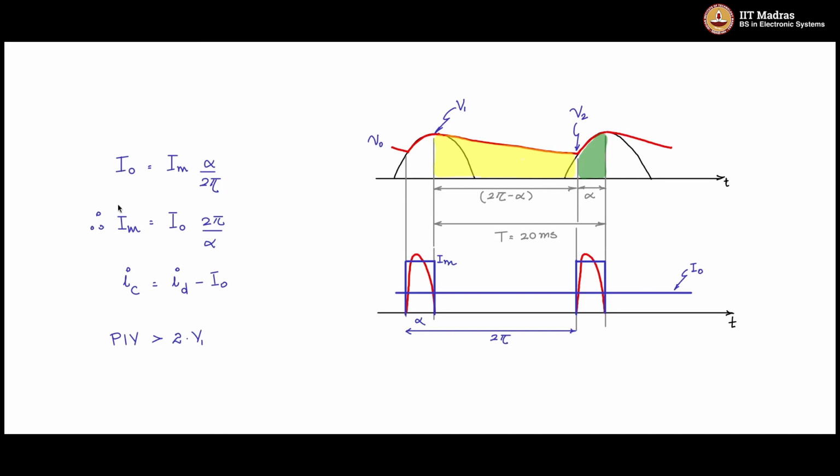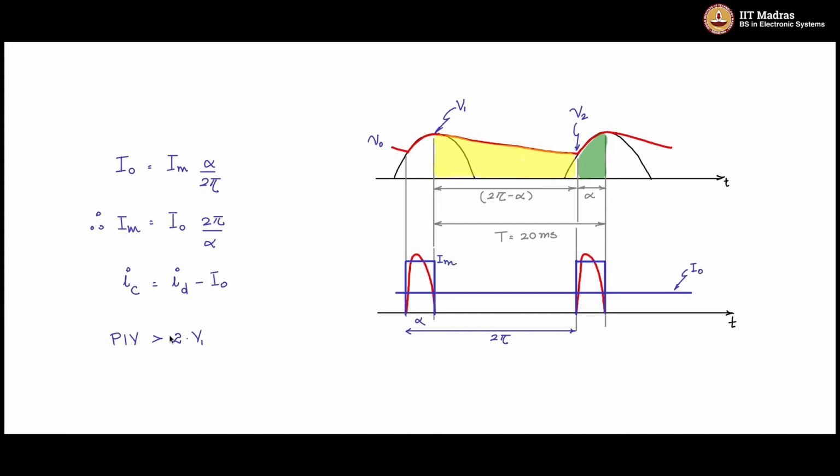One point that you must note is that when you choose the ratings of a device, like the diode, and let us say the peak inverse voltage you are getting is 2 times V1. So let's say 230 root 2 is 325. 2 times that is 650. Do not choose a diode which is exactly 650 volts.